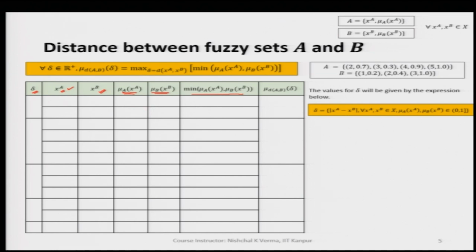Please note here that delta is always a positive real number, because we are using the mod of x_A minus x_B, so obviously delta is going to be a real positive value.